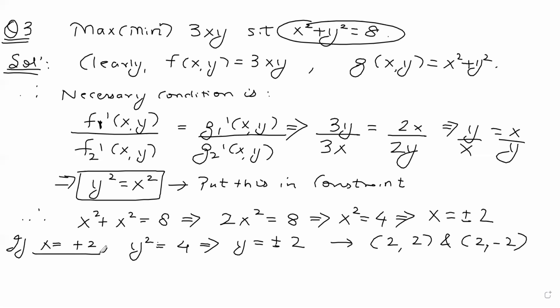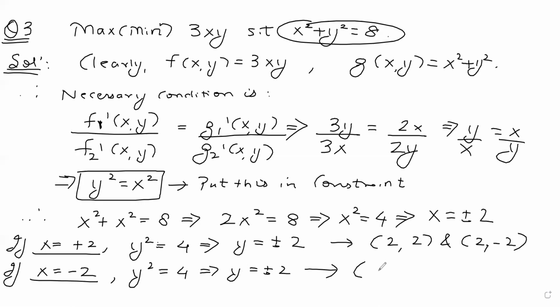Because x is plus 2, for x equal to plus 2 you get y as plus minus 2. Okay, and another case is if x is equal to minus 2, in this case also my y square will be 4, which implies y will be plus minus 2. So my possible solutions are minus 2, 2 and minus 2 comma minus 2. Okay, now we have got all the points.